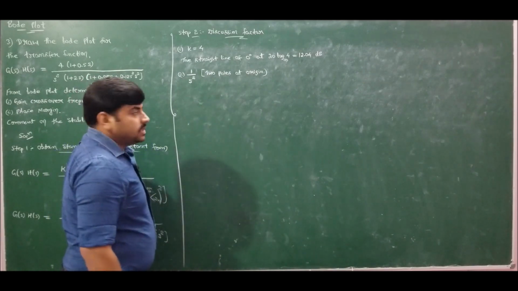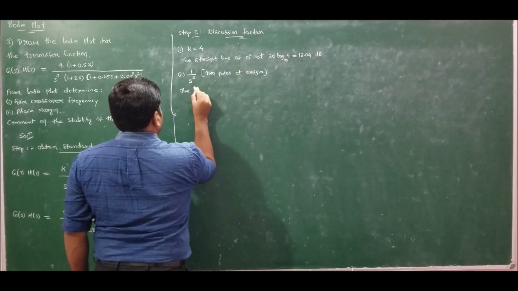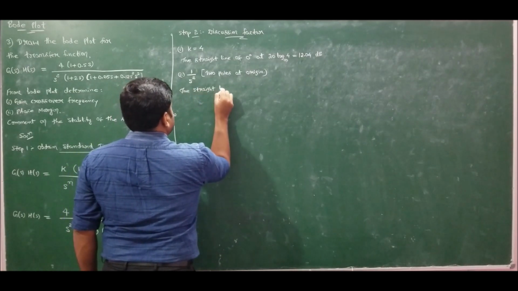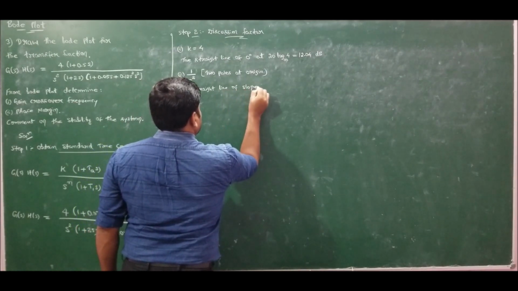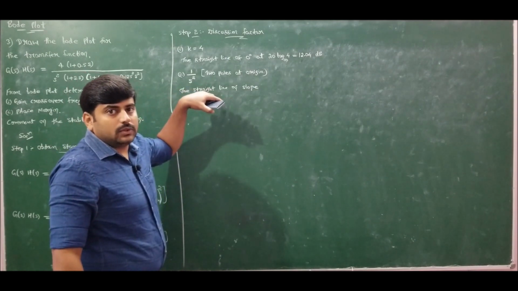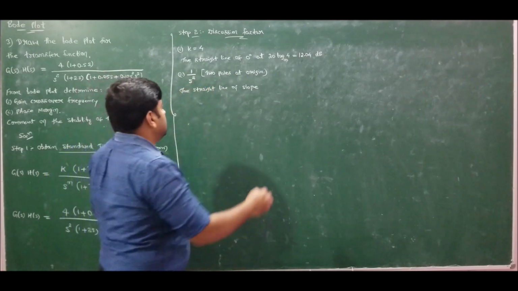For two poles at origin, we know that it is a straight line of a certain slope. What is the contribution of two poles at origin? It is minus 20 into n. Here minus 20 into 2 is nothing but minus 40.